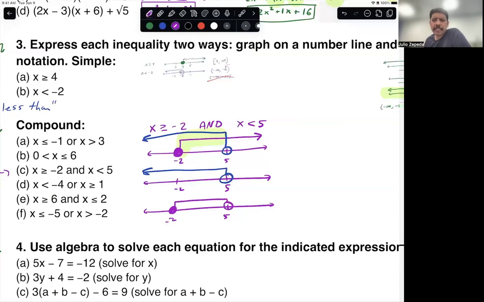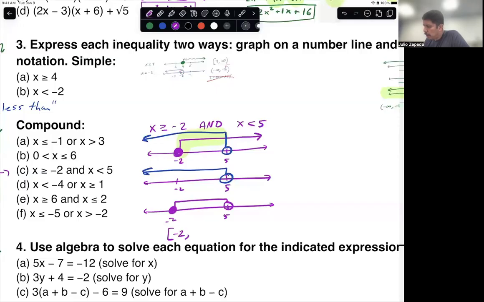Notice 5 would not satisfy the compound inequality because it doesn't satisfy the second inequality. 5 is not less than 5. And we said that we have to satisfy both inequalities to be a solution of the compound inequality when the word is and.